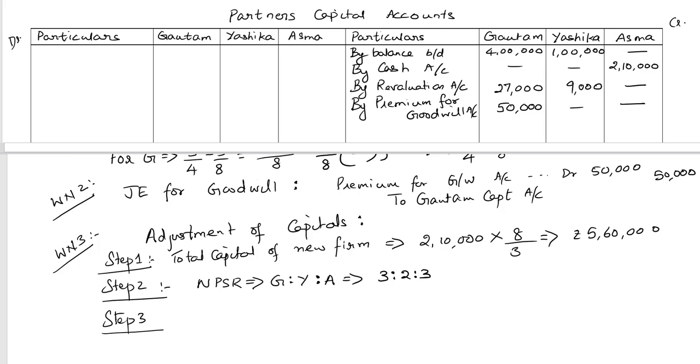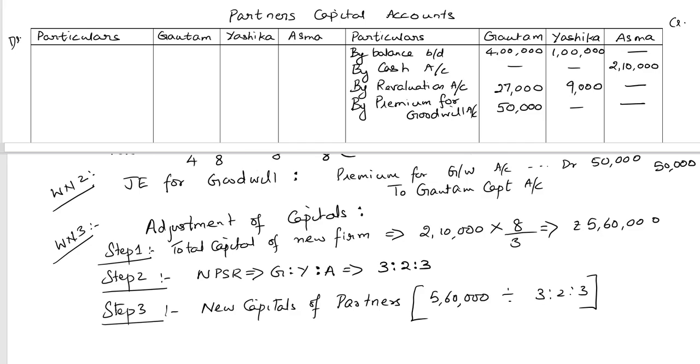Step 3, new capitals of the partners. This we can get by taking the answer of step 1, which is 5,60,000 rupees, and dividing it in the ratio 3:2:3.